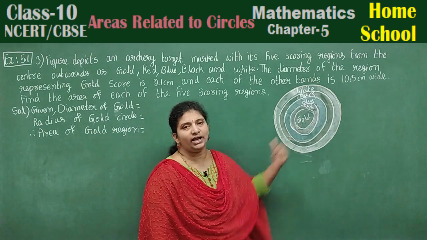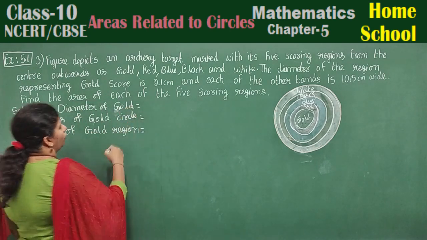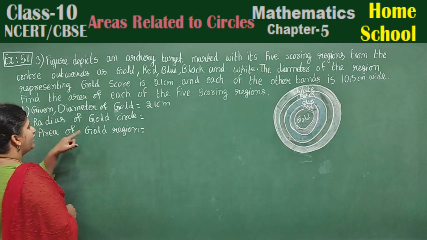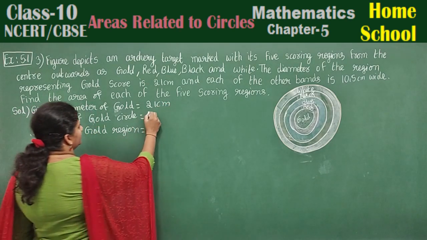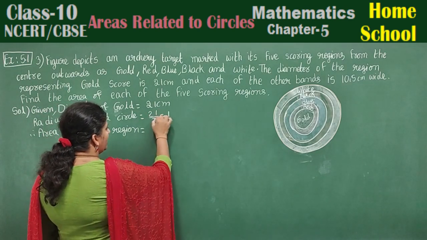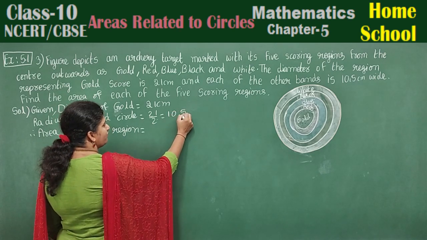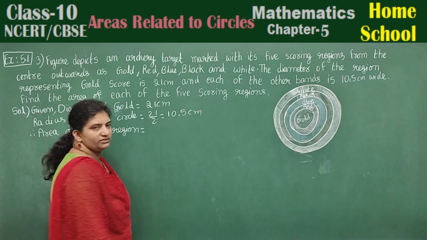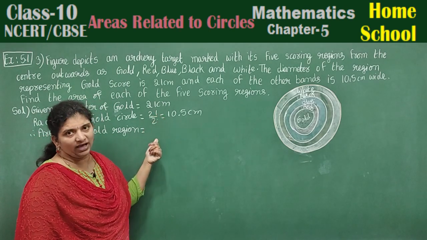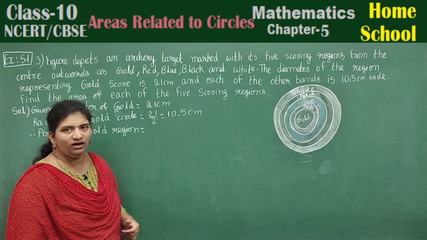Given diameter of gold is equal to 21 centimeters. Radius of the gold circle is half of it, right? 21 divided by 2 is 10.5.